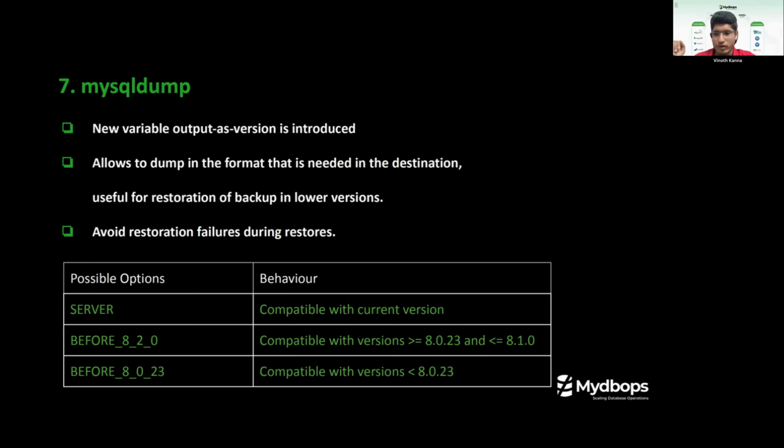This will be useful for generating output against an older version, or for providing compatibility to restore data from a current higher version on staging onto production with a lower version. This is one of the new changes that has been brought into mysqldump.